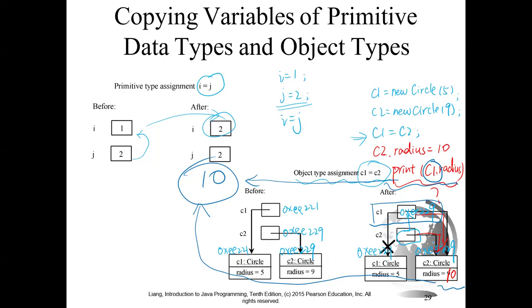But once I change this object, no matter which reference, C1 or C2, I am using, the value stored, or we say referenced to, will be changed accordingly. No matter which of C1 or C2 we use, both variables will get the same updated value there, because now these two are pointing to the same address. Okay, it's a little bit difficult to understand, but just try to understand it. This is the difference between reference and value.